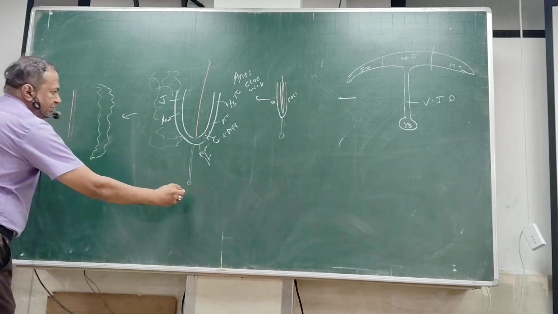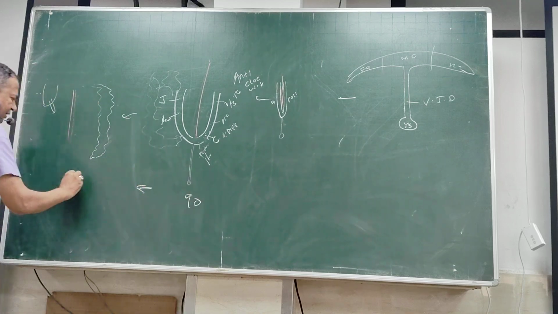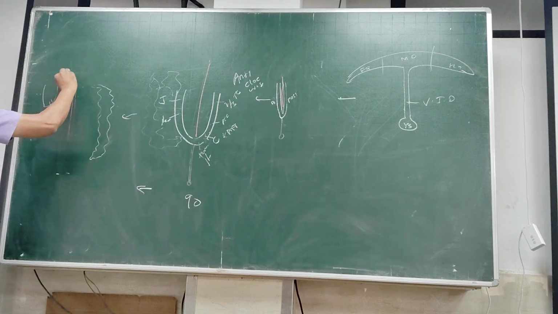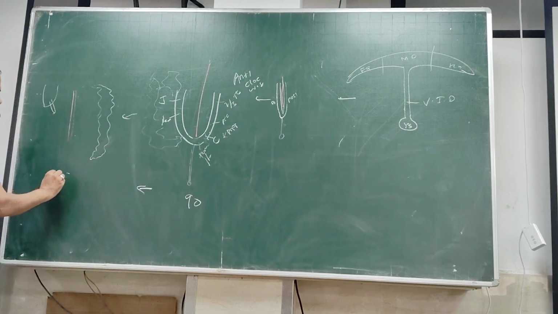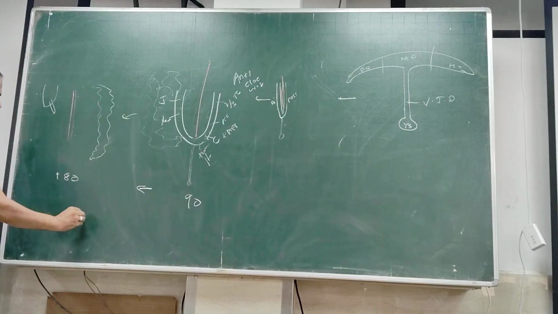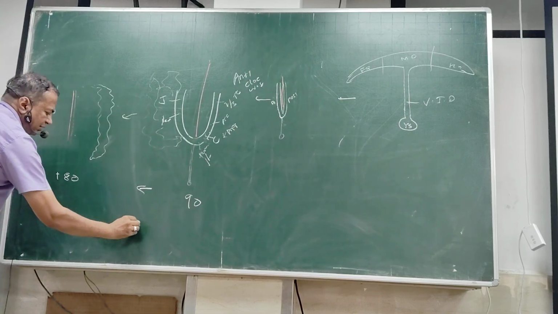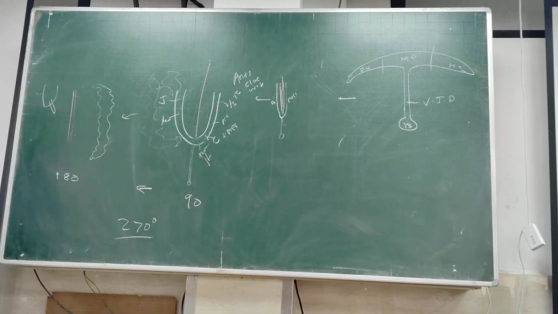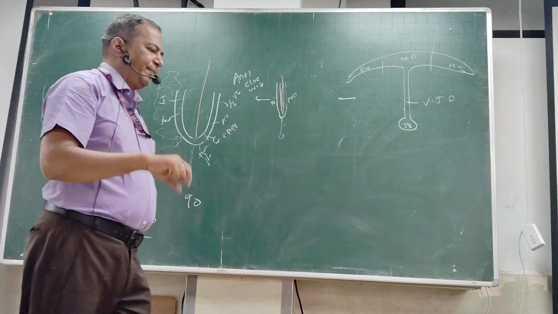So this was 90 degree, and then a further 180 degree rotation happens. So the total rotation that happens is 270 degree. This is called rotation of gut.